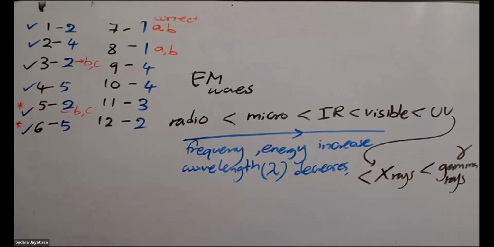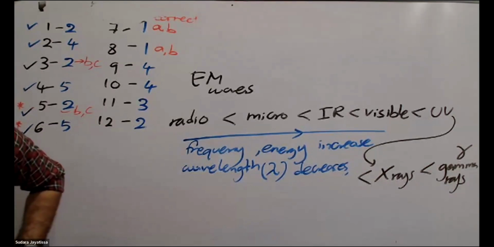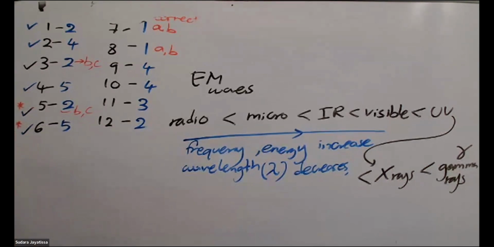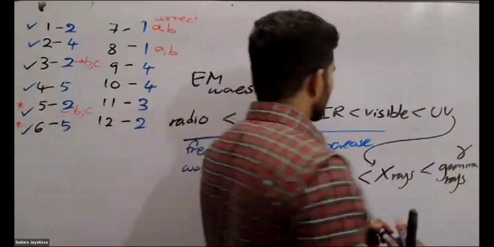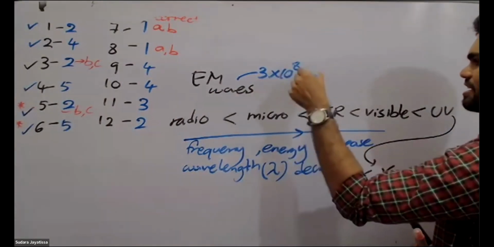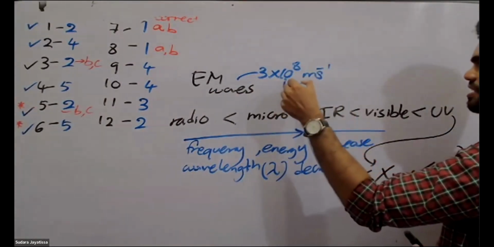Remember light speed? 3 into 10 to the power 8 meters per second. That speed is in a vacuum. 3 into 10 to the power 8 meters per second in vacuum.